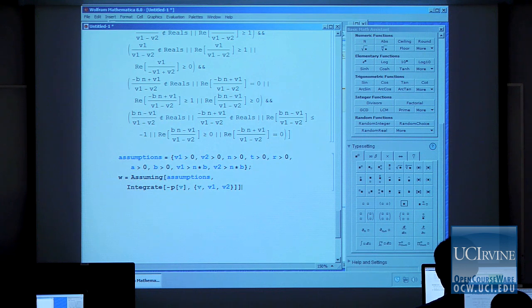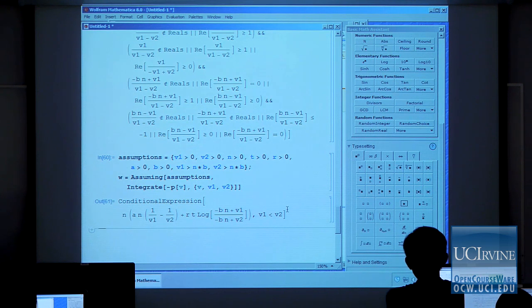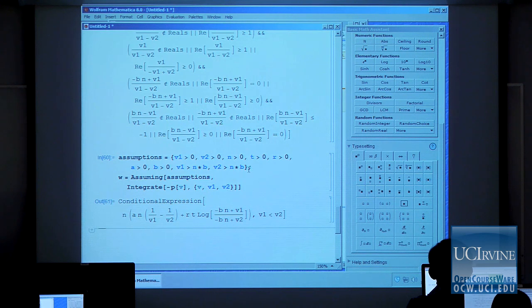And put a closing bracket. Okay, notice there's still one left. The integration should be done from a smaller volume to a larger volume, right? So we could put that in here too if we wanted.